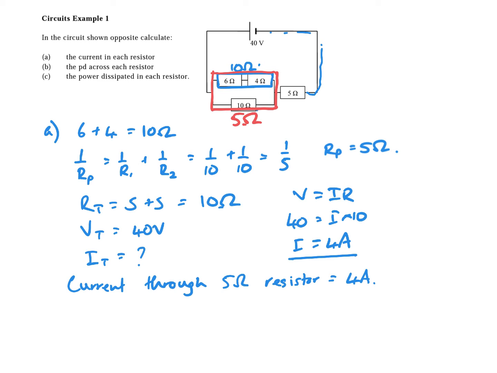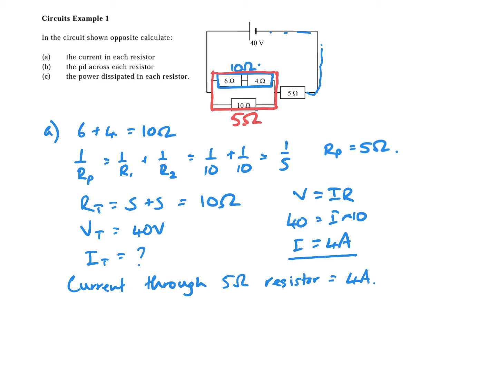You could go a wee bit round in terms of calculations and say, well, I know the 4 amps and the 5 ohms, so that's 20 volts. So therefore the voltage across that branch is 20 volts, and use that to work out the two currents.